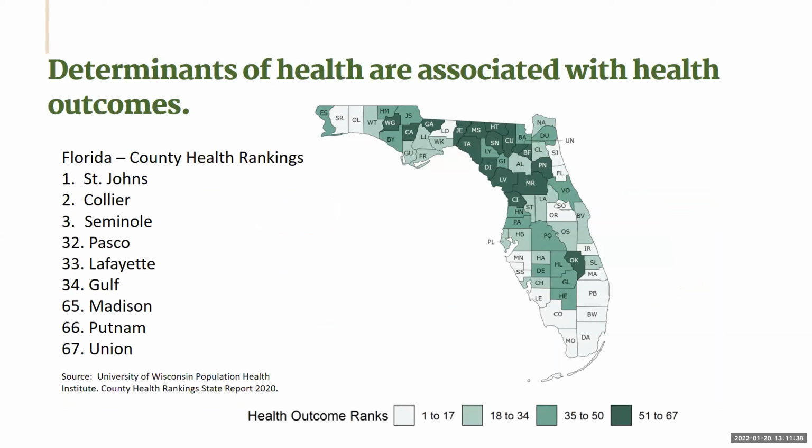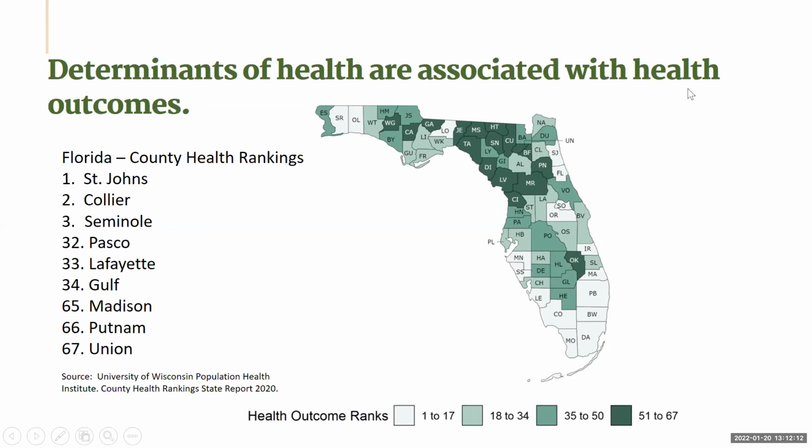determinants of health. And so you see here, this map is of the County Health Rankings, which is put out each year. In this map, you can see that the darker colors are associated with lower health outcome rankings, and the lighter colors are associated with better or healthier health outcome rankings.